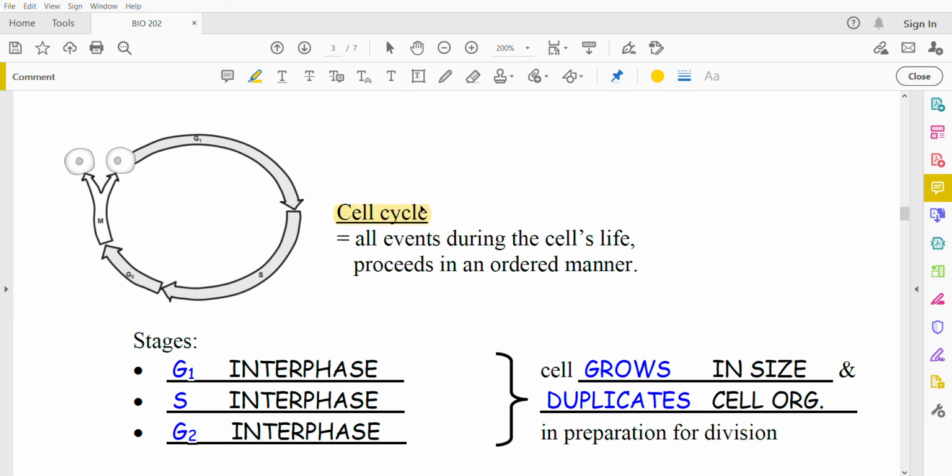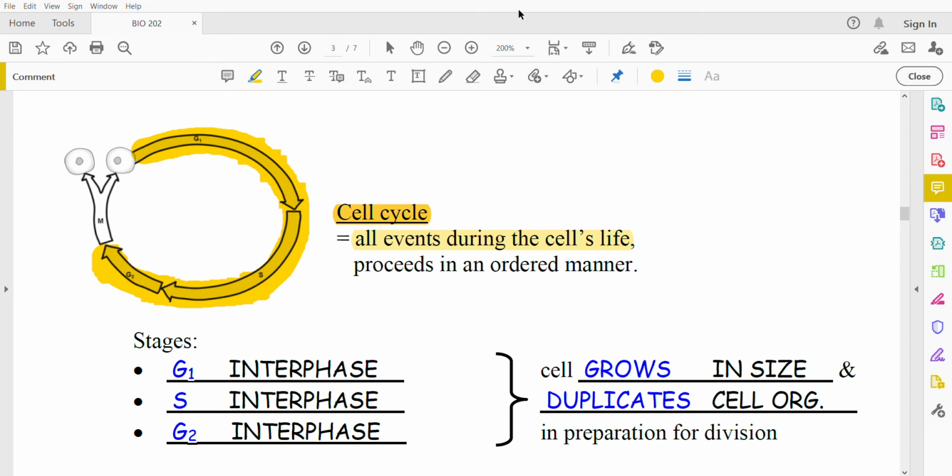So cell cycle is a general term that we use to describe all events that take place during a cell's life. So a cell starts its life at one point, and then various different events proceed throughout its lifetime until the cell stops existing. All of these events are part of the cell cycle.